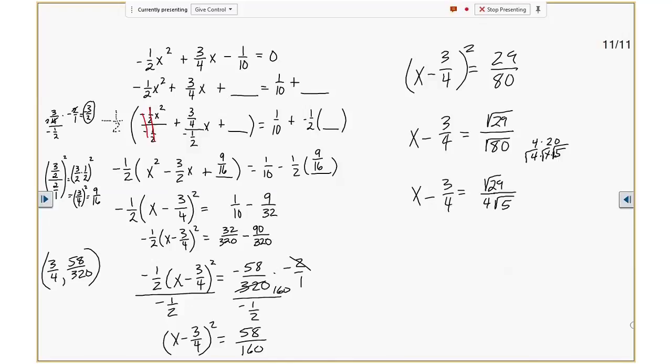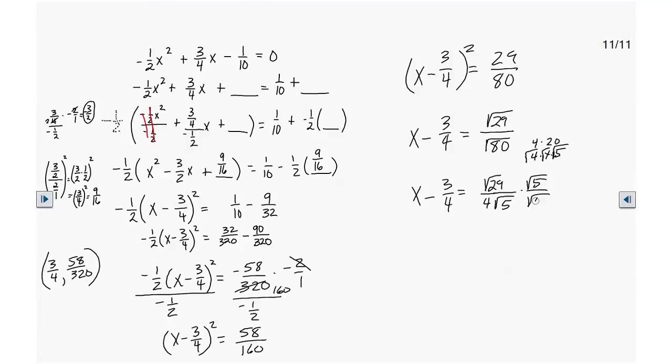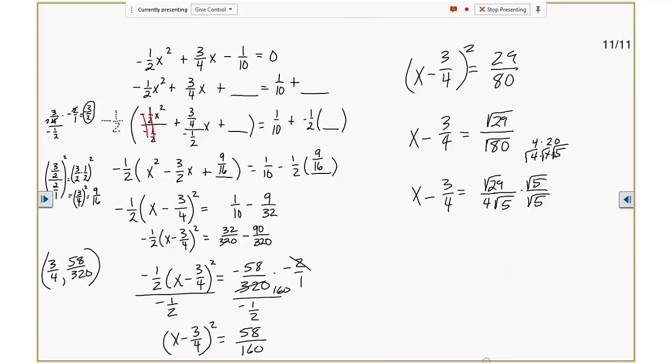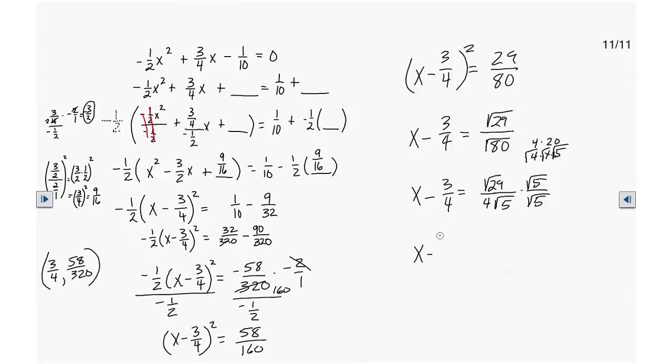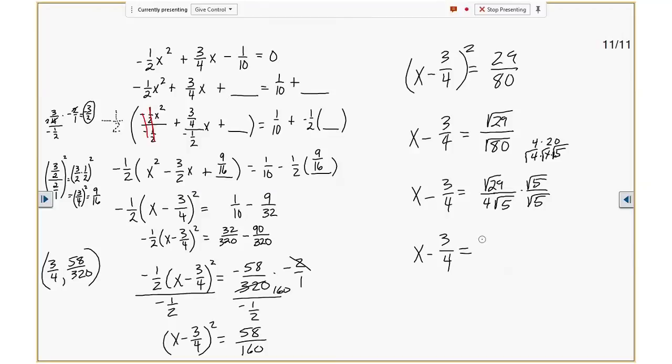All right, now I'm going to multiply this by the square root of 5 over the square root of 5. And that's going to give me x minus 3/4 is equal to the square root of 29 times the square root of 5 over 4 times 5, which is 20.